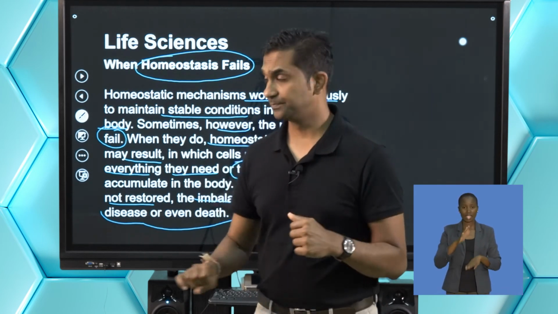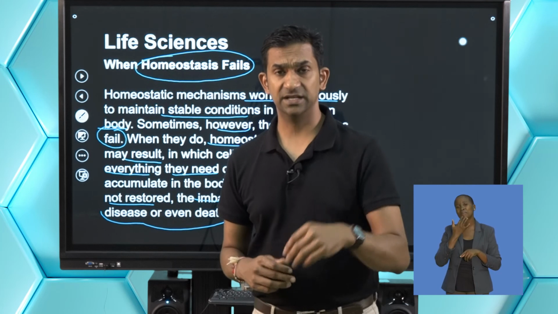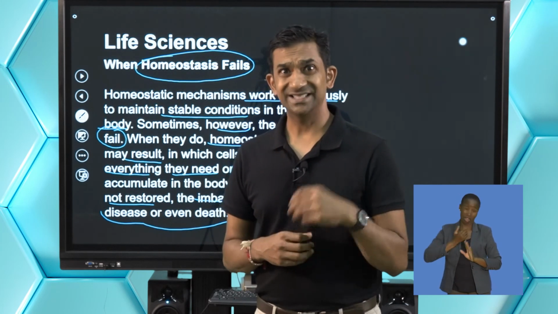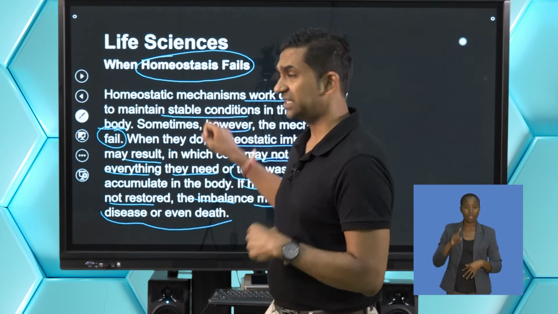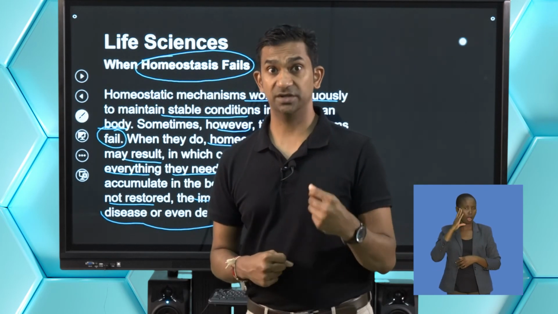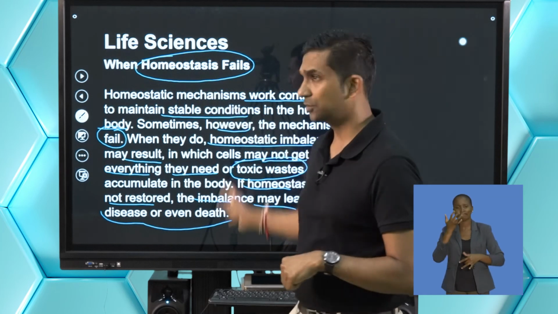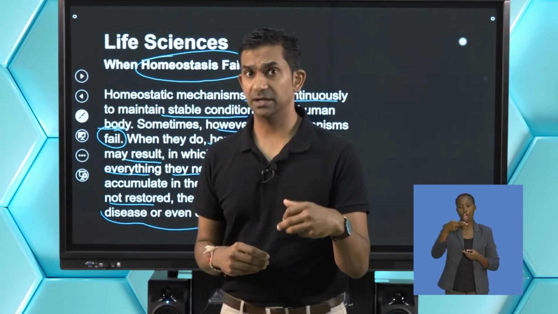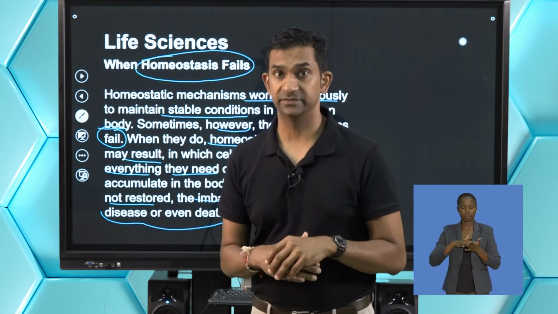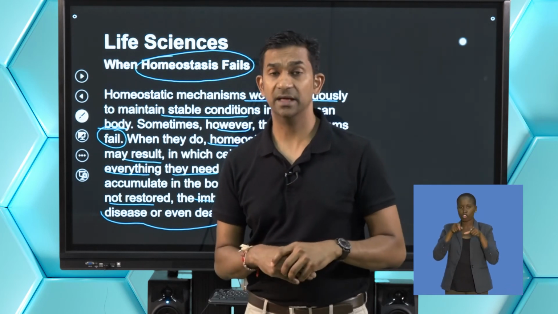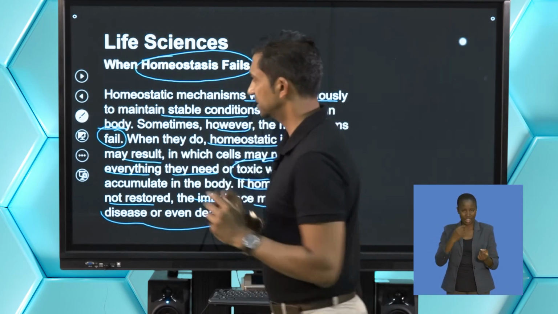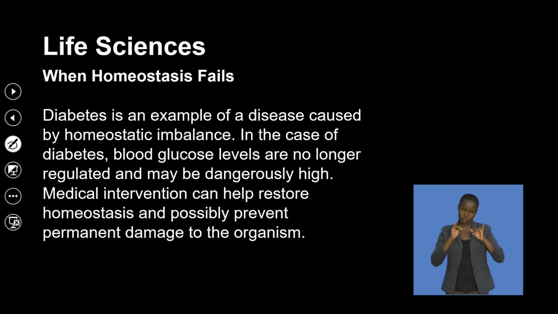We know that if you have a diet that's excessively high in sugar, at some point as you age, you have an increased tendency to develop a condition known as diabetes mellitus. That is essentially when homeostasis fails, because the body now cannot control the blood sugar levels. And that comes with a whole lot of other complications. So that's essentially homeostasis failing, and an example of that which we discuss now is diabetes.